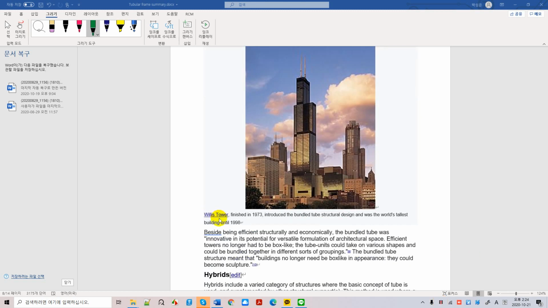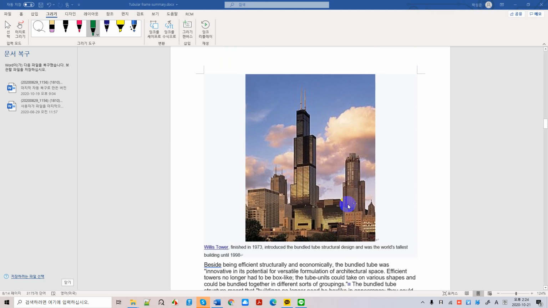And this is Willis Tower, formerly called Sears Tower. Willis Tower, finished in 1973, introduced the bundle to structural design that I just explained, and it was the tallest building until 1998, for about 25 years.